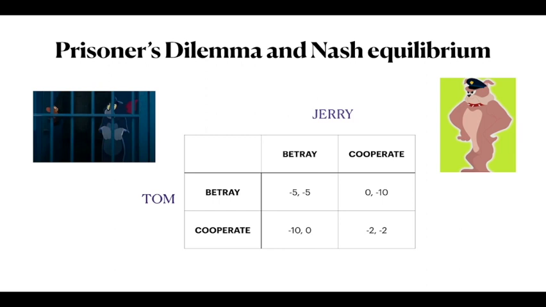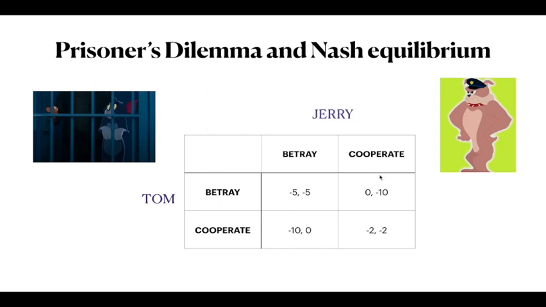So if I was Tom, I need to pick a choice irrespective of what Jerry decides. So if Jerry ends up staying silent, if Jerry chooses to cooperate, then the best choice I can make is to betray Jerry. Because that would mean I get to go free right now while Jerry gets 10 years in prison.